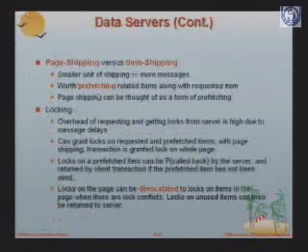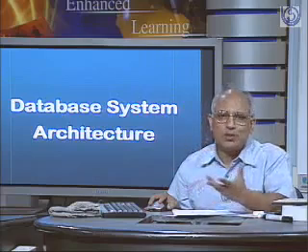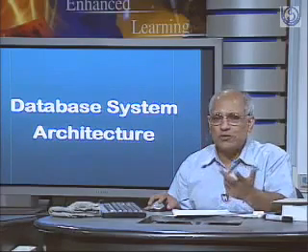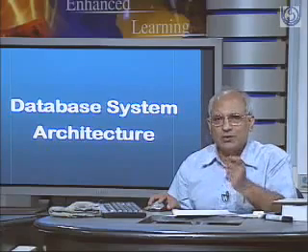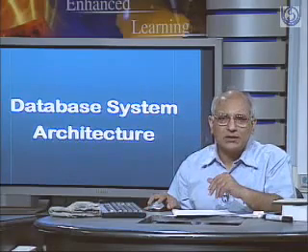Now here are some details about the data server, as we just discussed with the transaction processor. A smaller unit of shipping will require more messages and more data transfer. That is why we don't transfer that way. In computer networks, even if you are working with a telnet session, you don't simply hit a key that goes as one byte, but it goes as a full packet, 64 bytes or something like this.